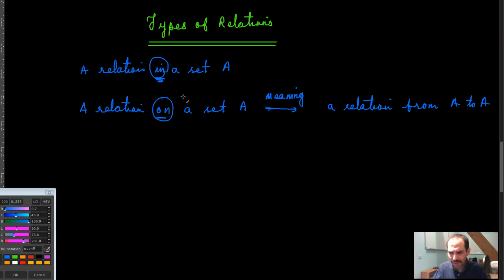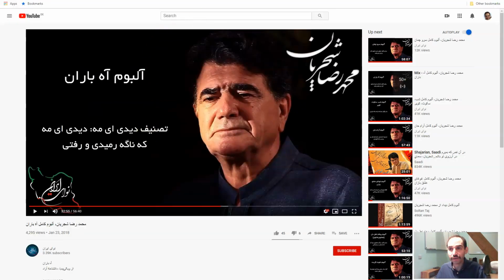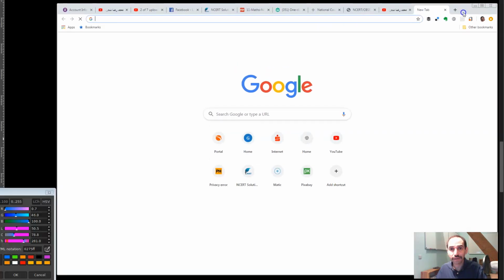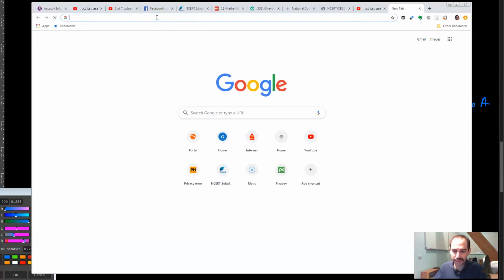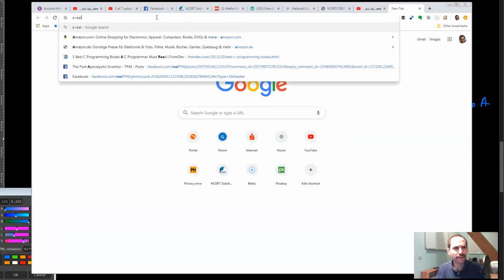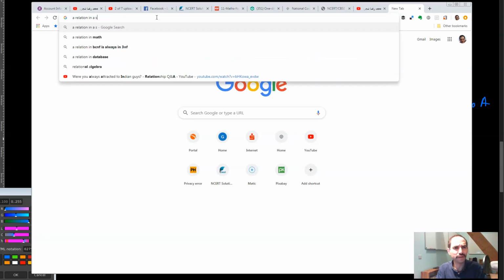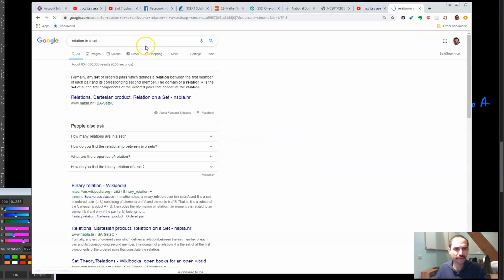Let's take a look at the internet and see what it says. A relation in a set is any set of ordered pairs which defines a relation between the first member of each pair and its corresponding second member.